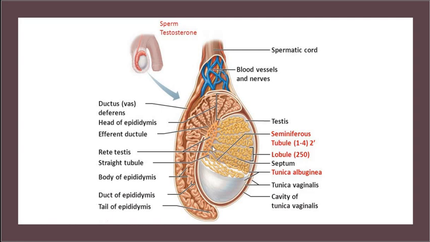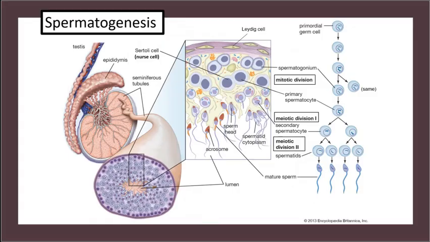And there are multiples of these because they have to have a high surface area in order to make the sperm. So we're getting smaller and smaller here. Now that you know this is the testis and the epididymis, we're going to go even smaller into the seminiferous tubules to look at a cross section.